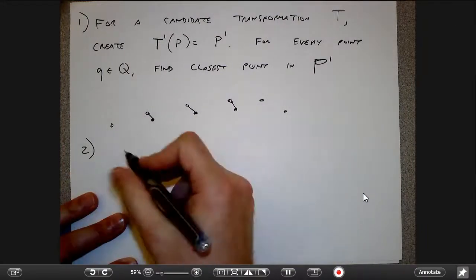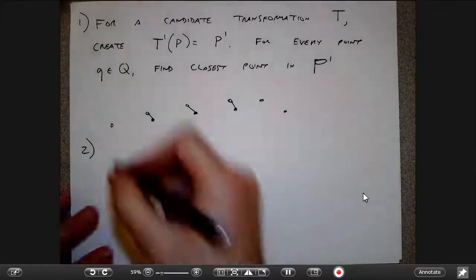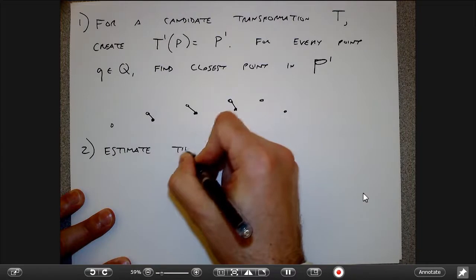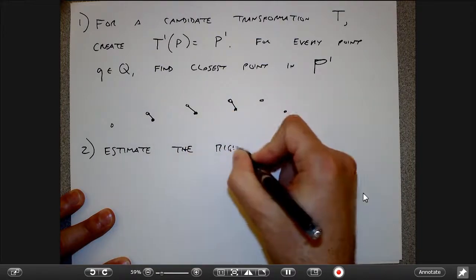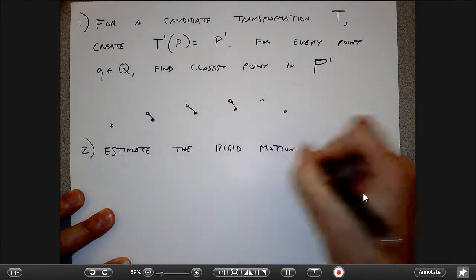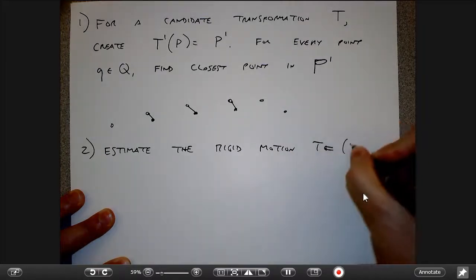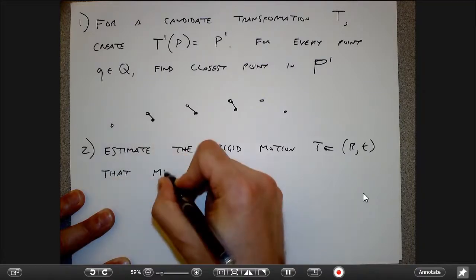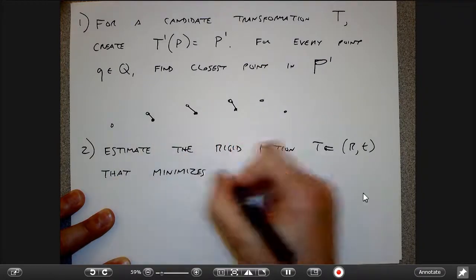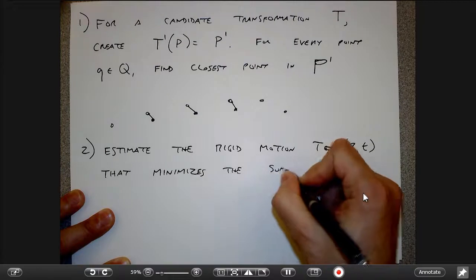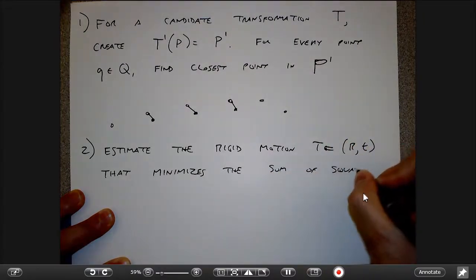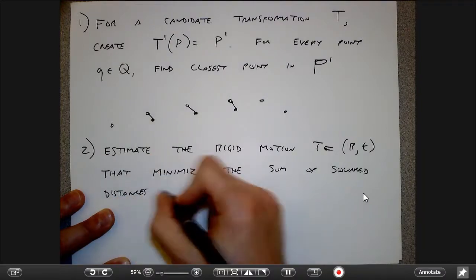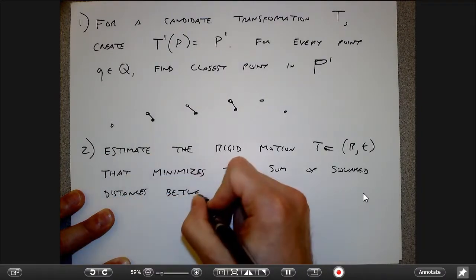And then the next thing is I estimate the rigid motion, which is, again, a rotation and a translation, that minimizes the sum of square distances between correspondences from step one.